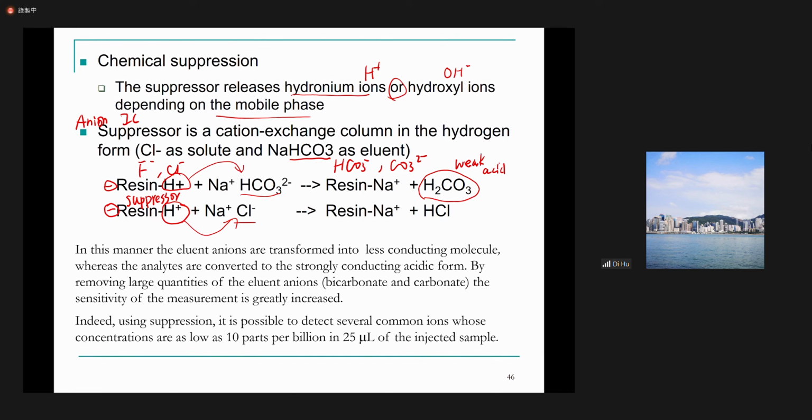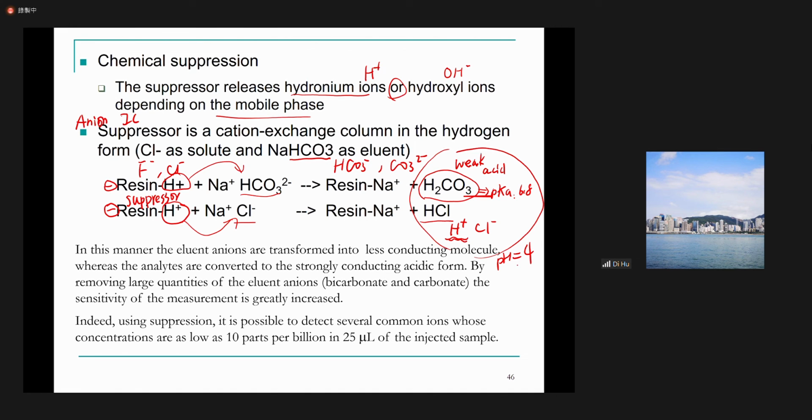It also forms hydrogen chloride, which is totally dissociated. The pKa value for carbonic acid is about 6.8, but the overall pH of the eluent coming out is about 4, because much hydronium ion now shows up.